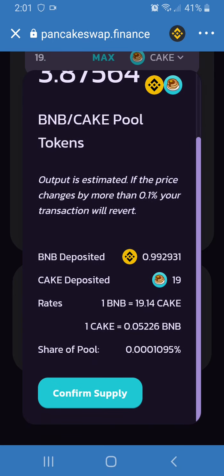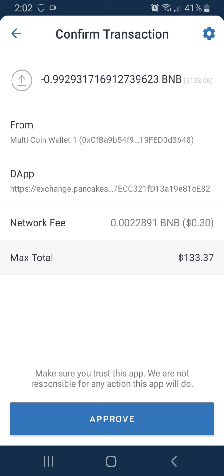All right, so two things, that 0.9 BNB, confirm supply. That 0.9 BNB is what it shows the max total. That's only half of my transaction. What isn't shown here is the, say, fiat value of my cake.